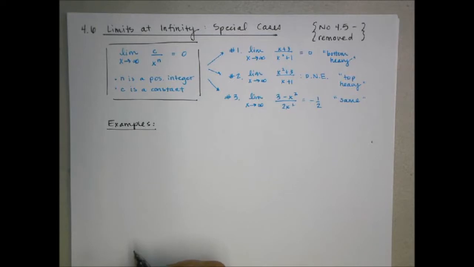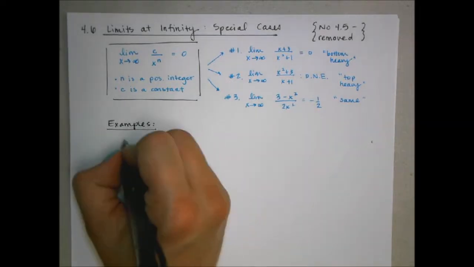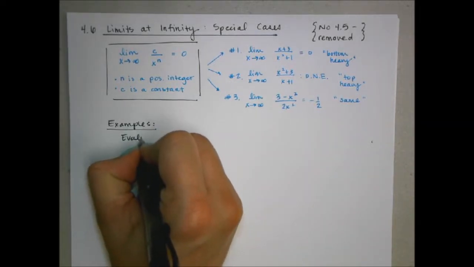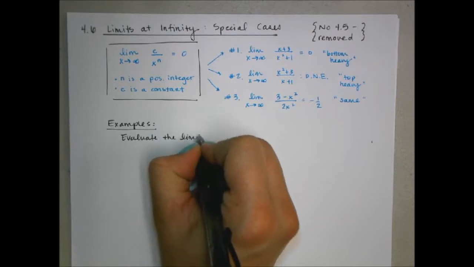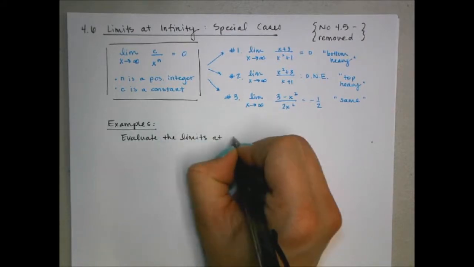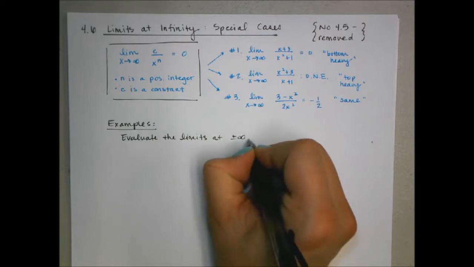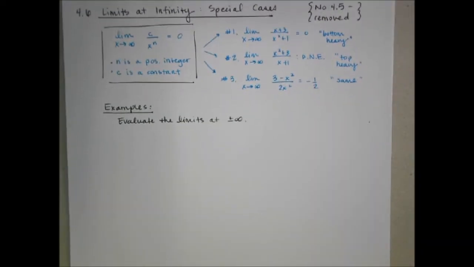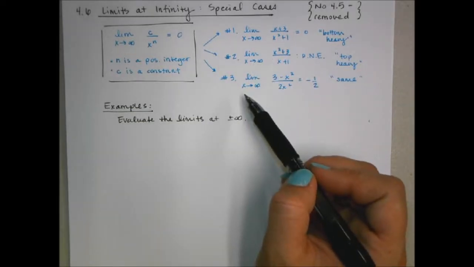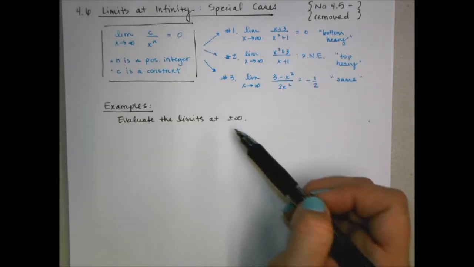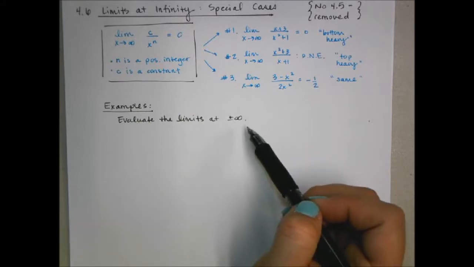okay, we're going to do the same thing and evaluate the limits. Before, it really didn't matter if this was x approaches infinity or negative infinity, but in some of these special cases, it will matter. Okay?